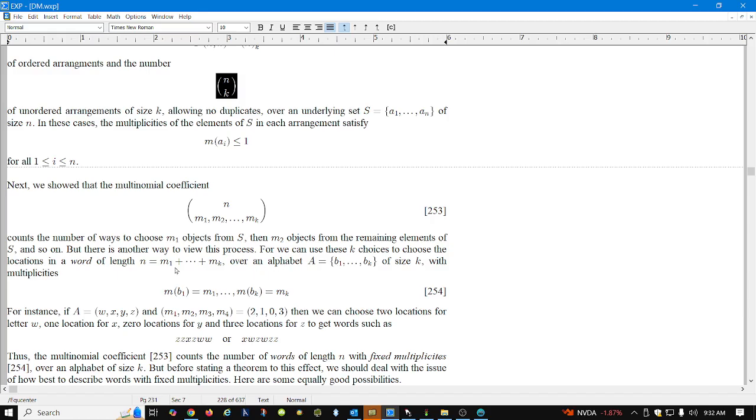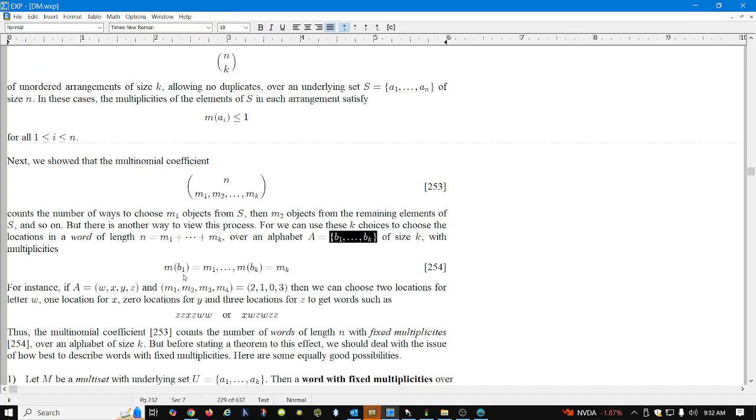Then we choose m2 locations for the letter b2, and so on. We have filled in n locations, and we have constructed a word of length n over this alphabet. And the multiplicity of b1 is m1, and so on. The multiplicity of bk is mk.